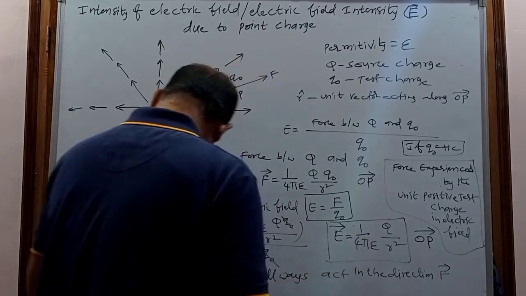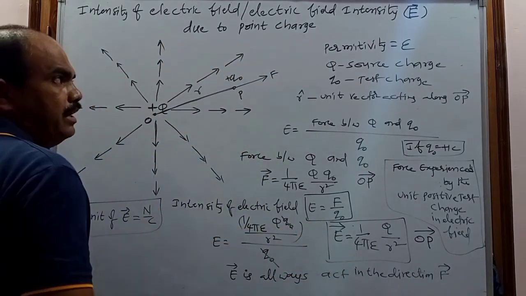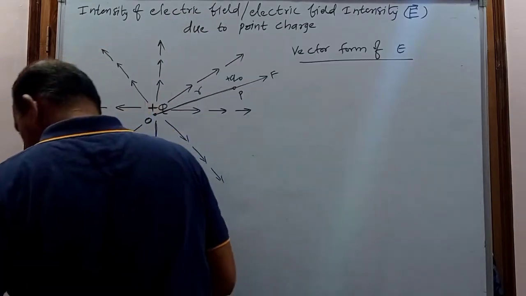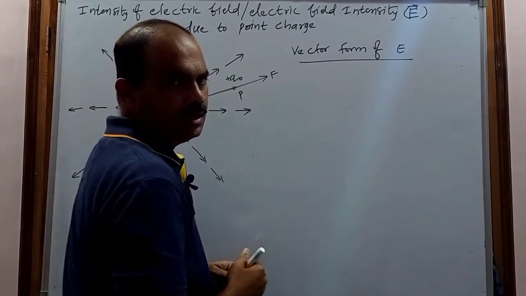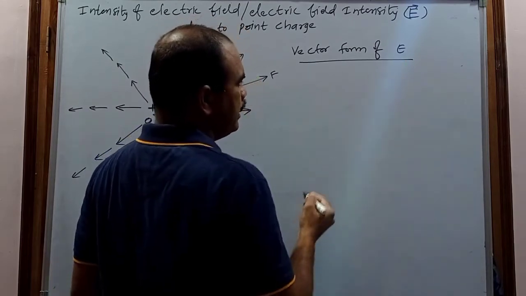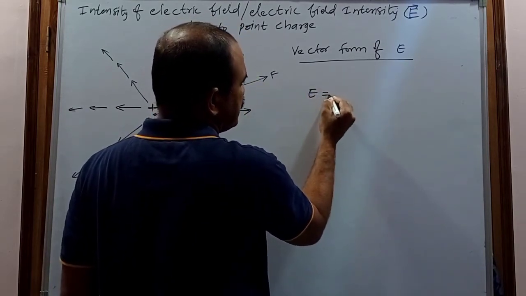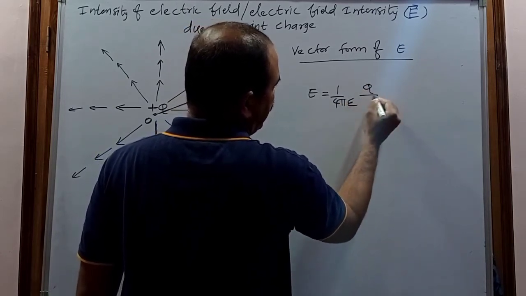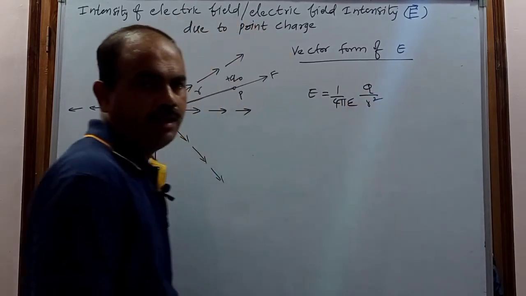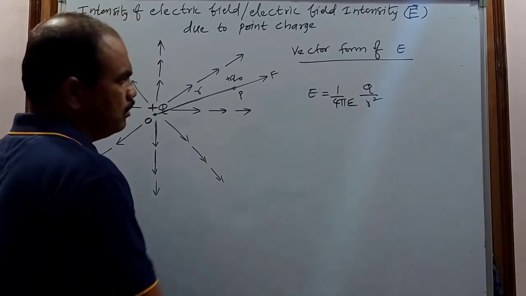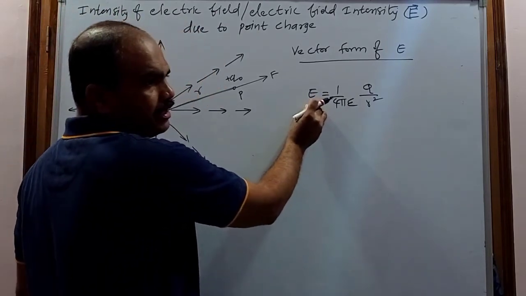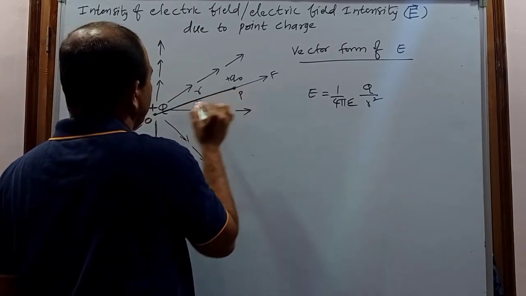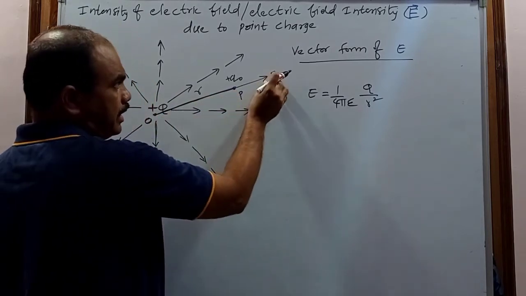Next I am writing the intensity of electric field in vector form. So coming to the vector form of electric field intensity. E is equal to 1 by 4 pi epsilon Q by R square. To write the electric field intensity in terms of vector, we use the unit vector acting in the OP bar direction, or in the direction of force.